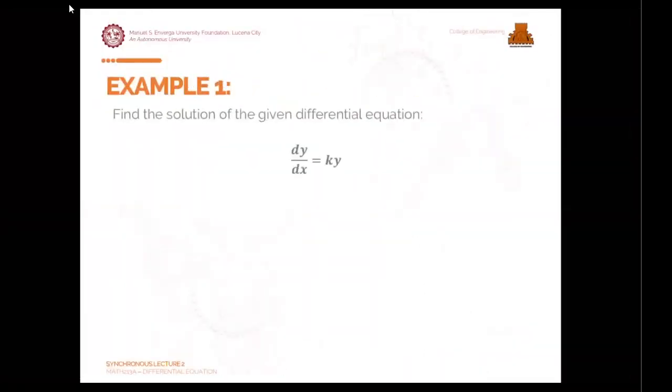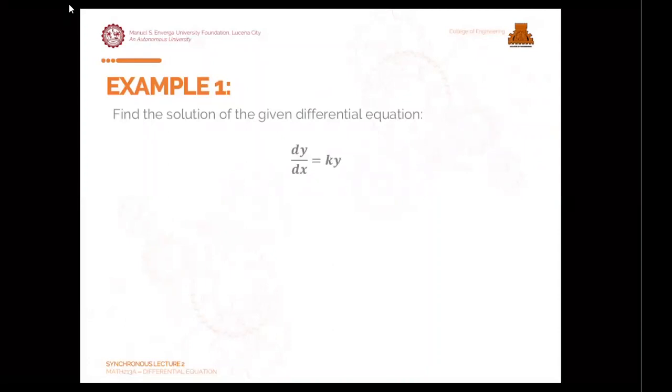Okay? So, paano to ginagawa o paano mas maintindihan to? So, let's have our first example. Find the solution of the given differential equation. The differential equation is given as dy over dx is equals to k times y, where k is a constant number. A constant, arbitrary constant. So, kailangan ma-separate mo siya. So, since ky yun, parang coefficient yun ng y.